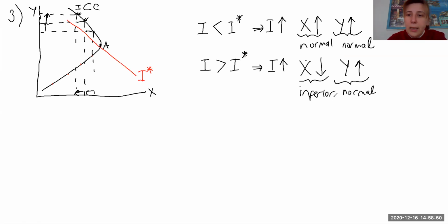So the Engel curve for good Y in that case is always positively sloped.